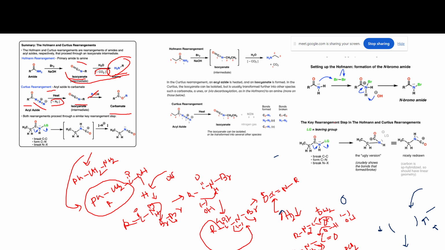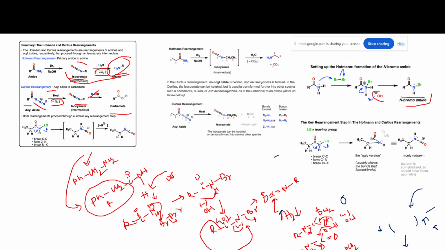So, setting up that Hofmann reaction, first is the formation of N-bromo amide. First your amide is brominated by bromine, and it will become RNH2Br, and then one proton is taken by that OH minus, so it will become the N-bromide.